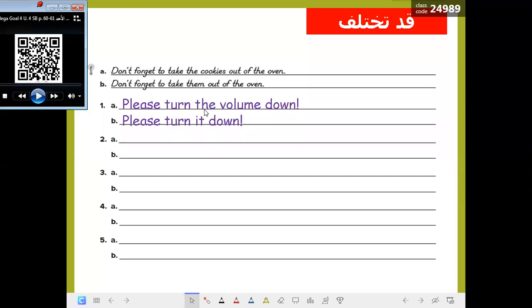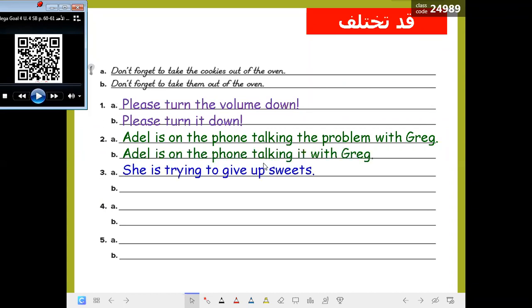If we want to replace it with a pronoun, we can use it instead and say, please turn it down. Okay, good. Now I want you to look at all the sentences carefully, correct your mistakes, and write the correct answers on workbook page number 40.